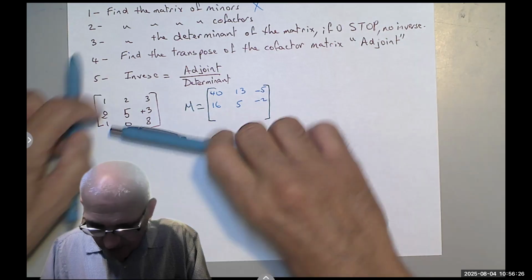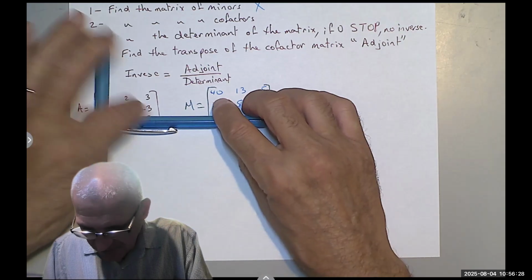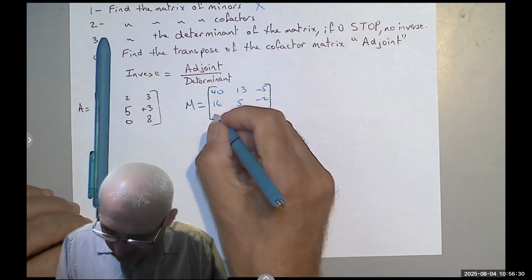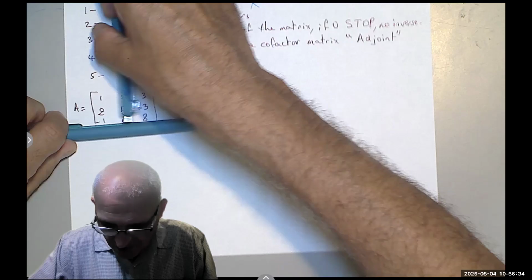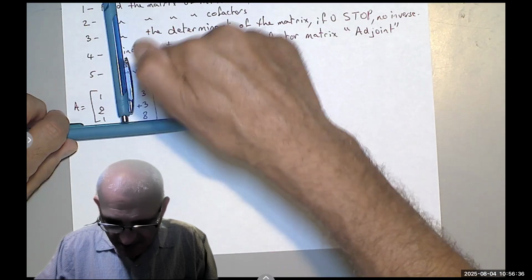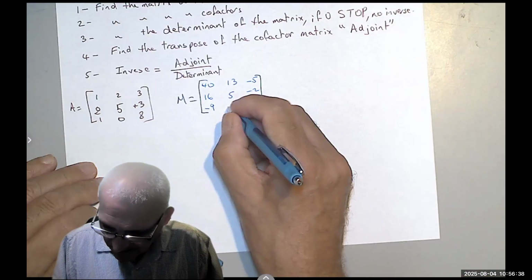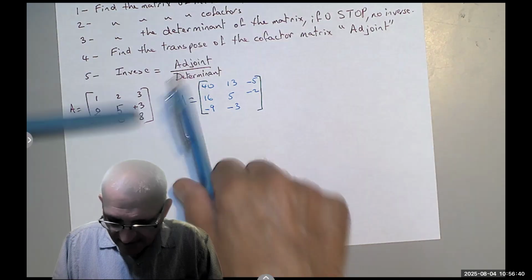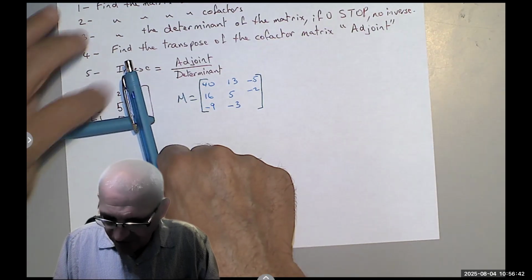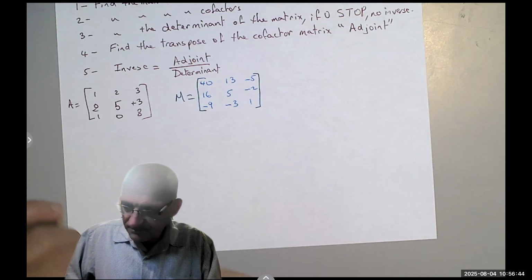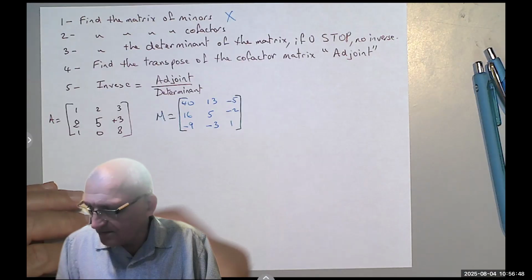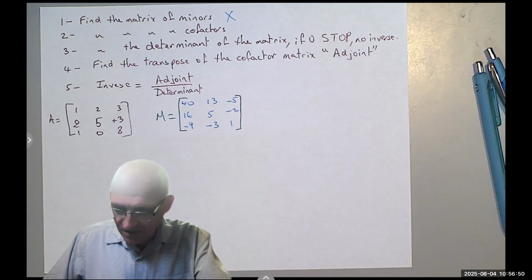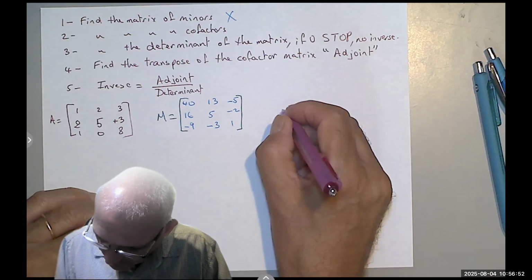For the 1, 6 minus 15 is negative 9. For the 0, 3 minus 6 is negative 3. And for the 8, 5 minus 4 is 1. Not hard, right? Very simple. Now, let's move to the matrix of cofactors.